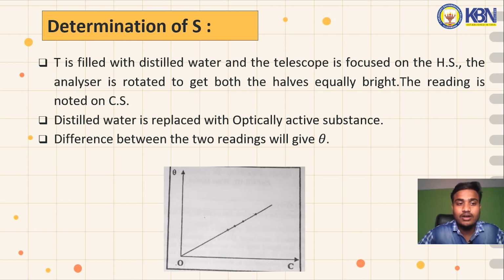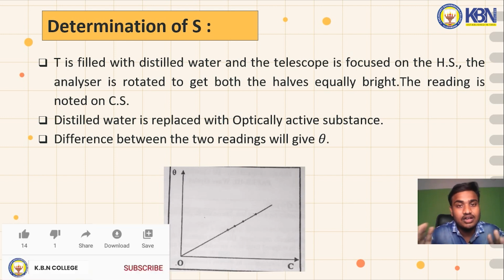Now, the distilled water is replaced with an optically active substance like sugar solution. Then the telescope is focused for the half shade. The analyzer is rotated to get both the halves equally bright. The reading is noted from the circular scale. The difference between the distilled water reading and the optically active substance reading gives the value of theta.